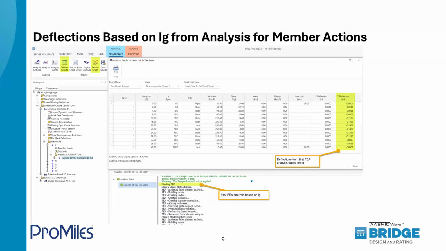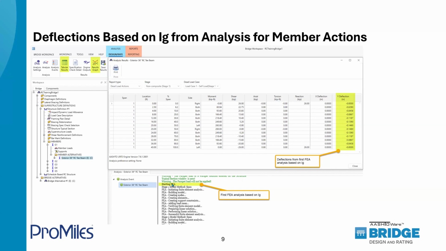Now I'll move on to show where to find all of these deflections. We have so many different types, and it can be confusing which are which. The ones that we use to calculate the actions, like the moment, shear and axial, the deflections that accompany these results, are the deflections from the first analysis, like I'm showing here.